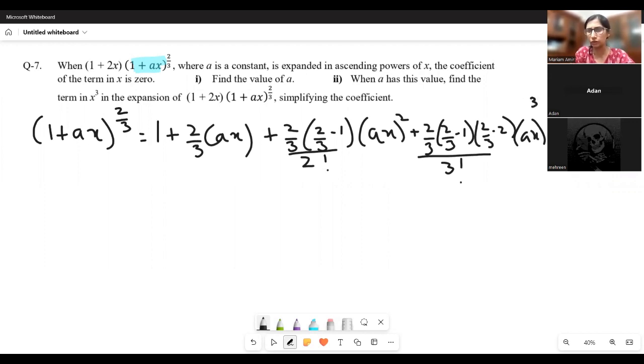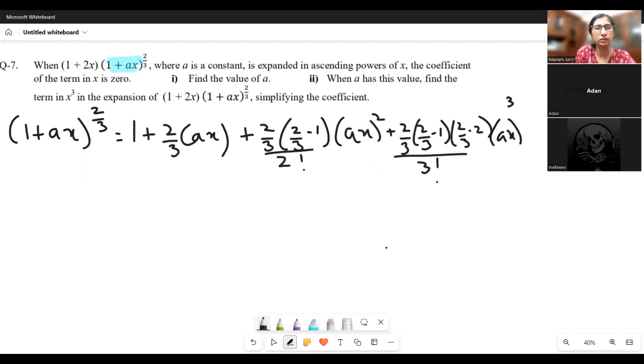I don't think we need to go beyond that. We may place a few dots after that, but there is no need to go beyond this because we have to find the coefficient of x. All right, so I'm stopping here.